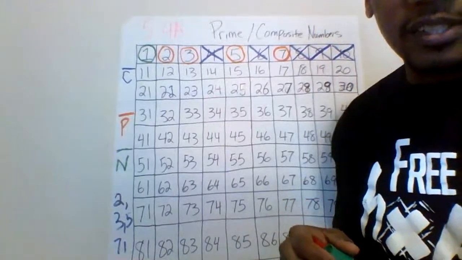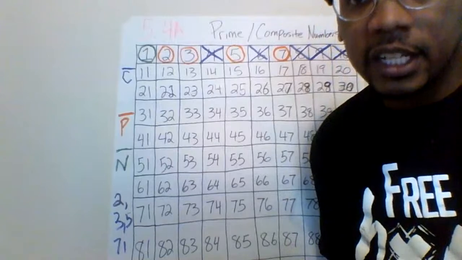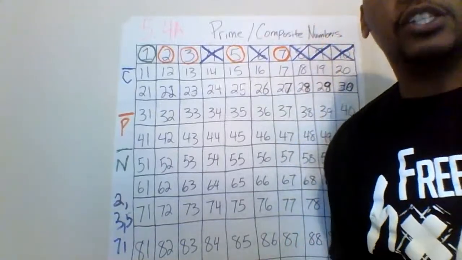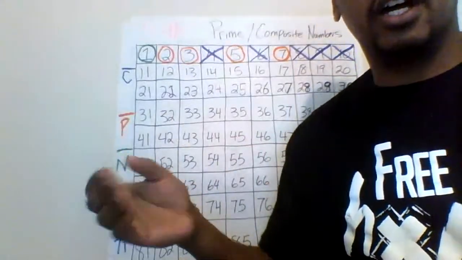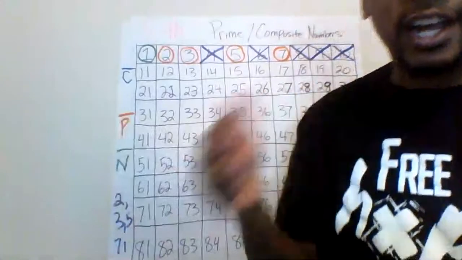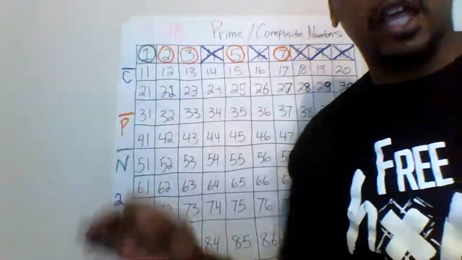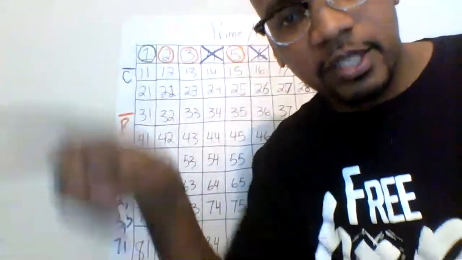Let's start with your 7s. All right. Because that's the quickest one. Chris says the multiplication of 7. So if a number is a multiple of 7, you can go ahead and X it out. Right? Because if it's a multiple of 7, that means you can multiply 7 times another number to get that number.